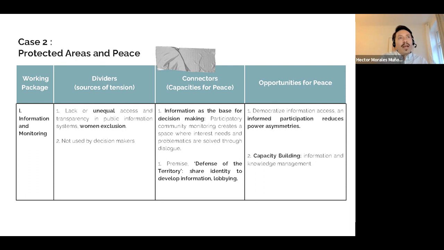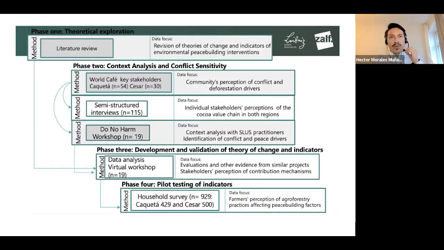So, which mechanisms and indicators emerged from the second project? To develop a monitoring and evaluation framework, we had a methodological approach based on four phases.